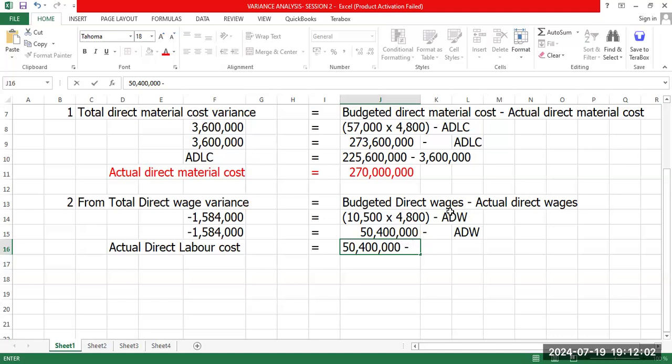Because this figure is coming to this side, if it is negative and it is going to the other side, it will be plus. So I add 1,584,000, which will be equal to how much?